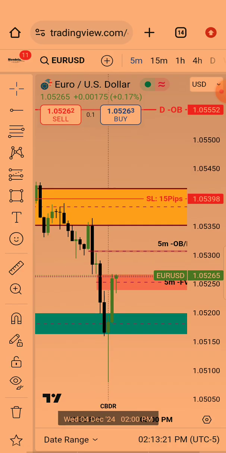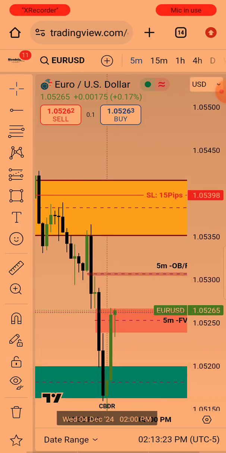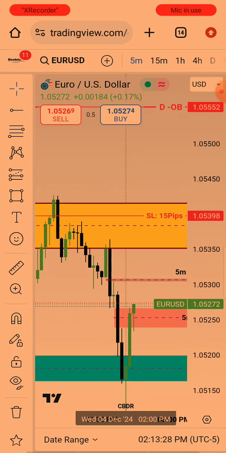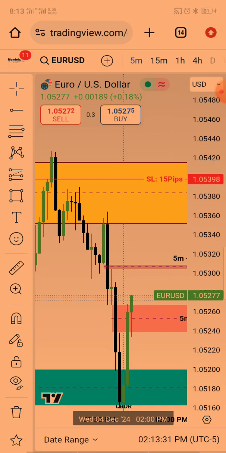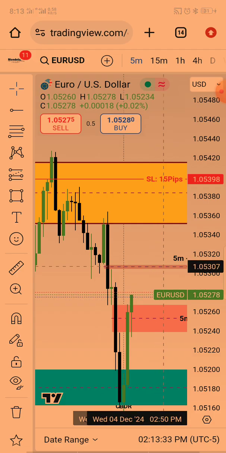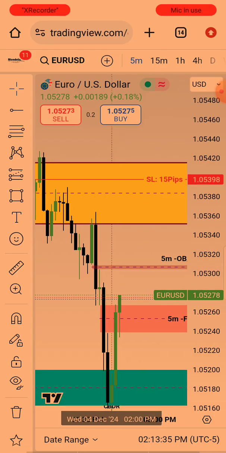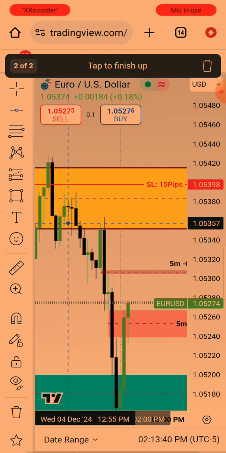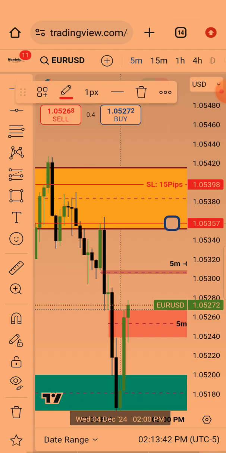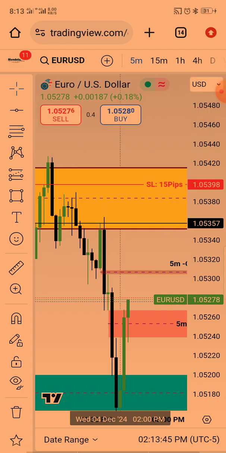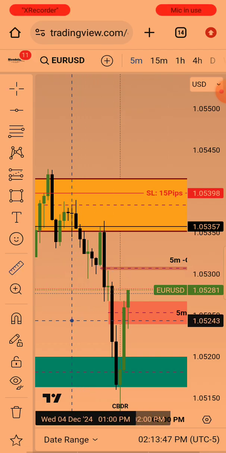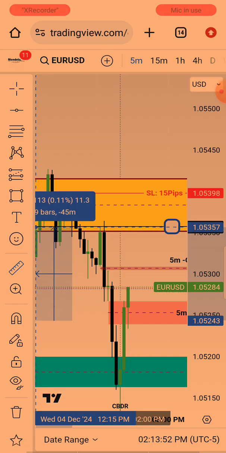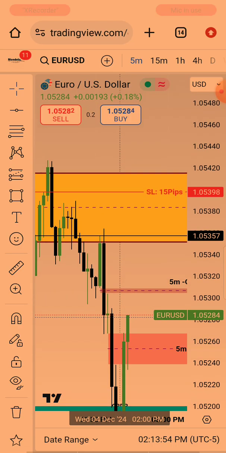As I'm looking at this trade now, if this trade will run down for me to do what I am looking at, it has to respect this other block right here, this place. It must respect it. If it does not respect it, you see this place right here, let me put it in black color. If it does not respect it, I will just lose $11 there, or like $10 there.